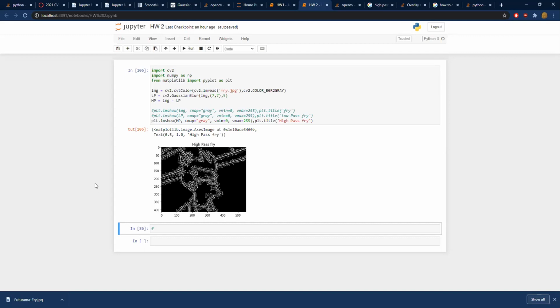But because you have the high pass filter, you filter out the low pass part, and now it becomes quite apparent. So that's actually okay for the homework. Maybe next time I will show you what I have. I did not manage to get something really good either, but you can still see the effect here. Okay, thank you.